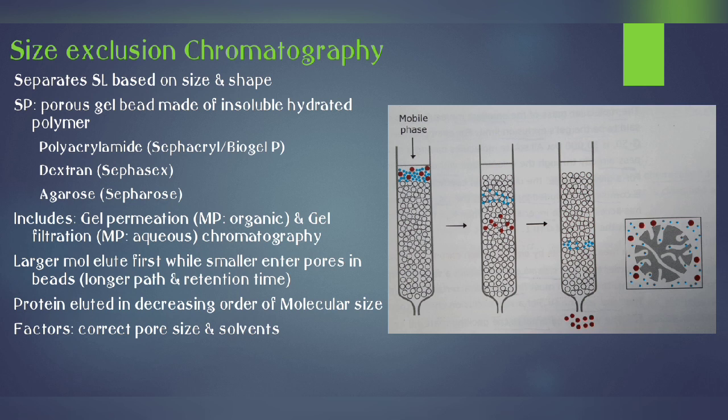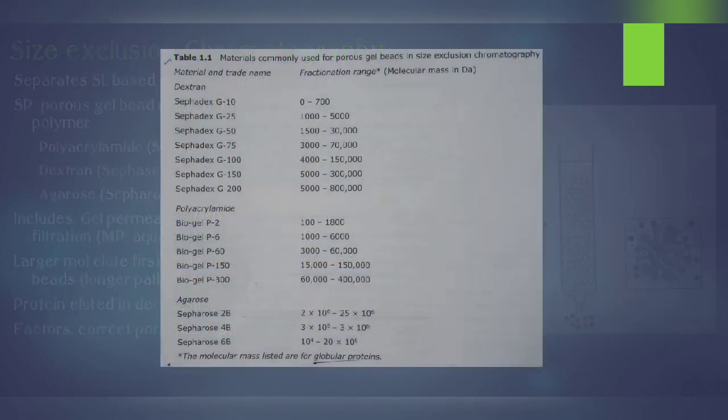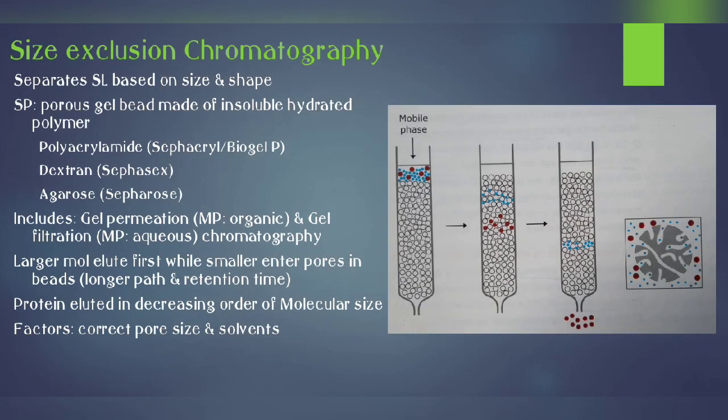So proteins are eluted in decreasing order of molecular size, so we need to choose the correct pore size of the bead and the solvent we are using. Based on that, the molecules are separated. We can see in this diagram that the larger molecules are eluted first, and the smaller molecules are eluted last.